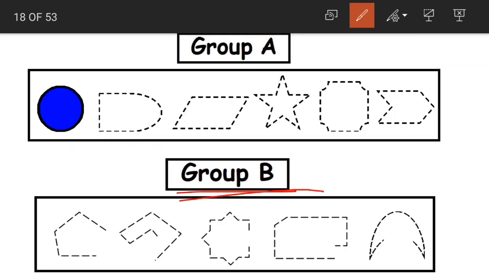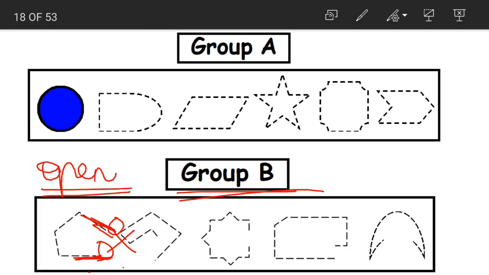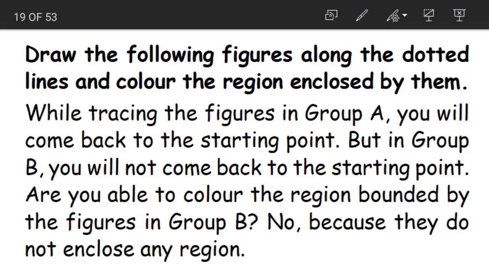Whereas if you observe the figures in group B, children, this is our starting point, this is our ending point. These 2 ends do not meet each other. So these figures are called open figures. So what is another definition that we have learned?